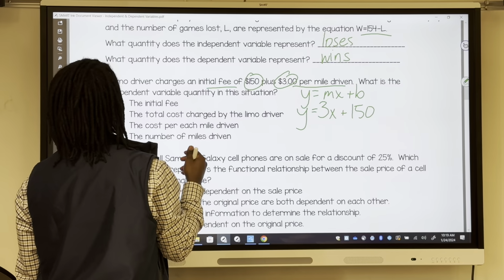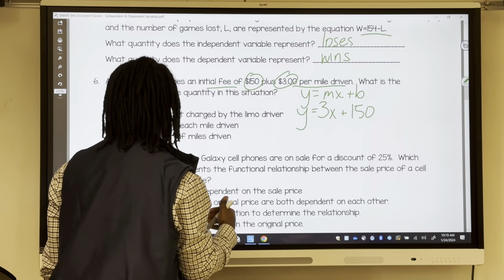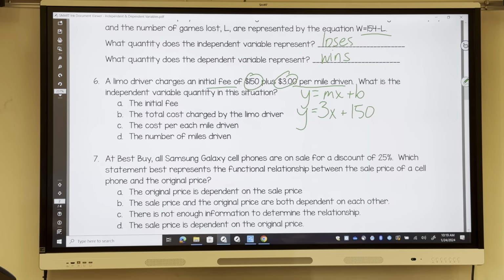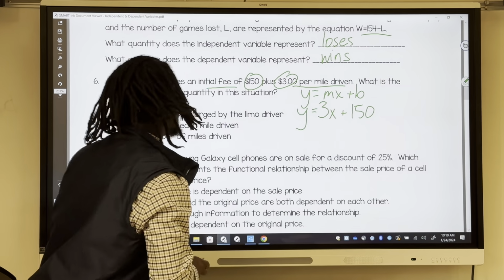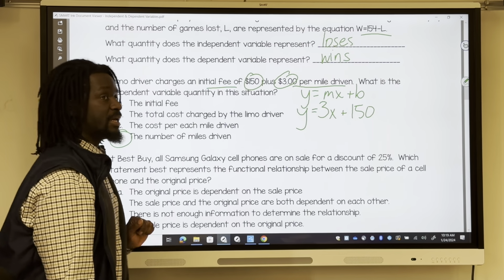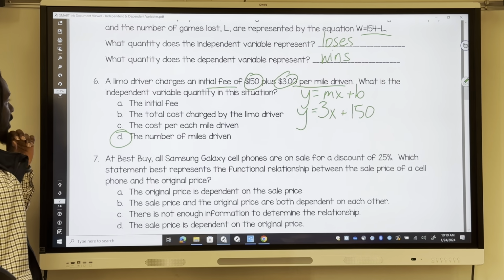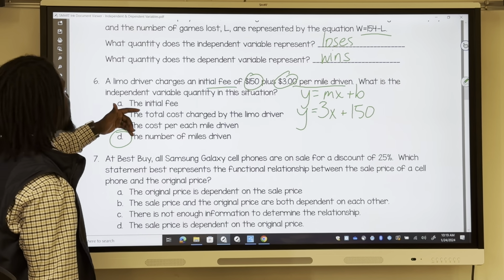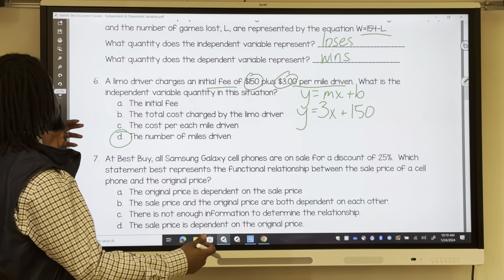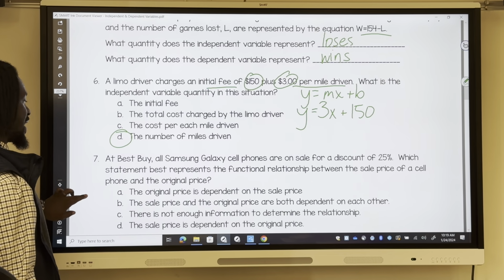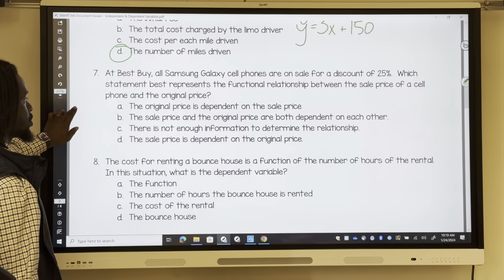So the independent variable in this case is going to be the number of miles driven, okay? Because that is the independent variable, all right? And the dependent variable, just this is extra, would be the cost, right? The total of it all, but it isn't asking about that, right?